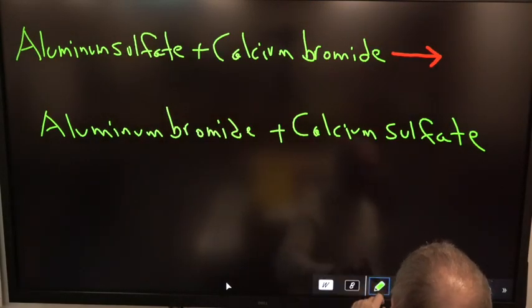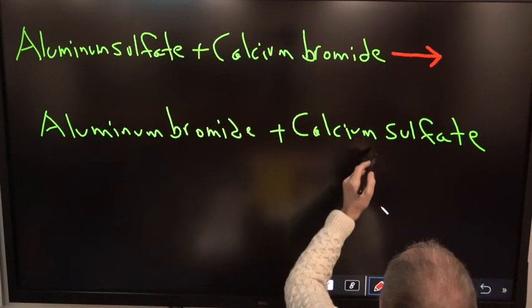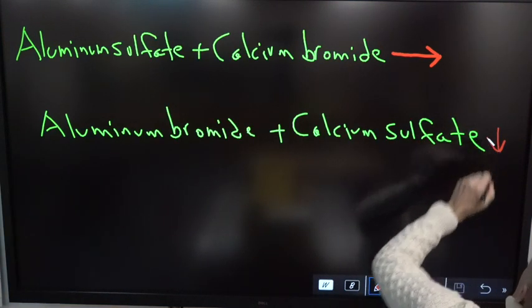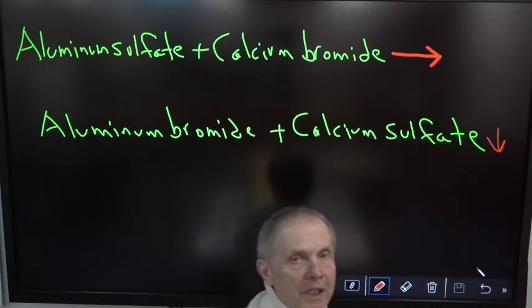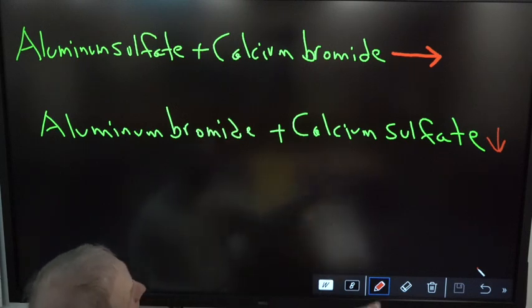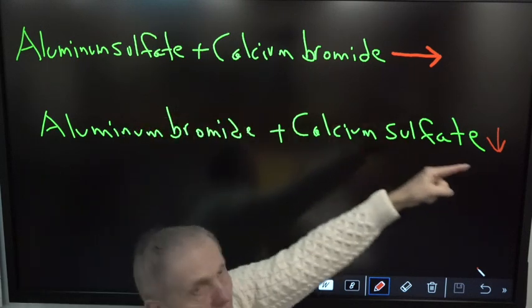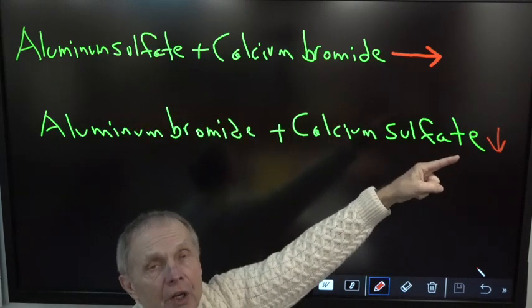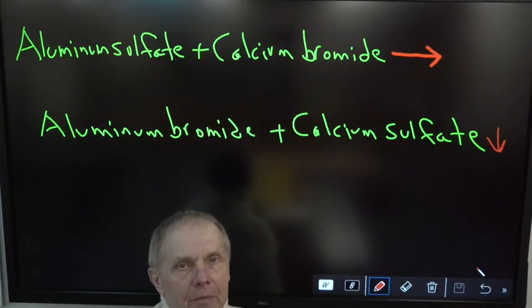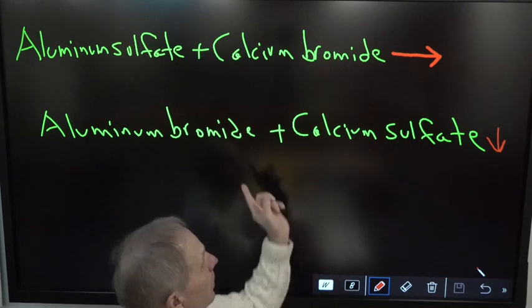We know that calcium sulfate is insoluble. So I put an arrow going down, which means it precipitates out. So now we do have a reaction, and it will only go one way because we are losing one of the products. This reaction will never be at equilibrium because it can't go backwards because one of the products is falling out.